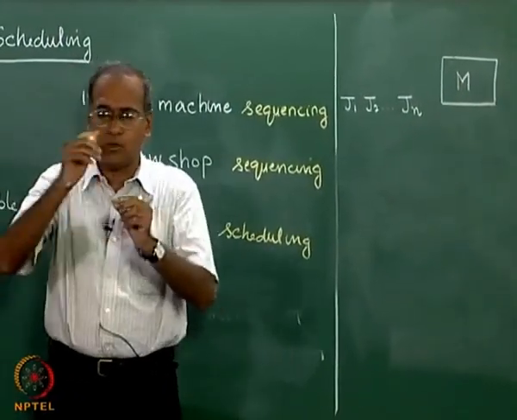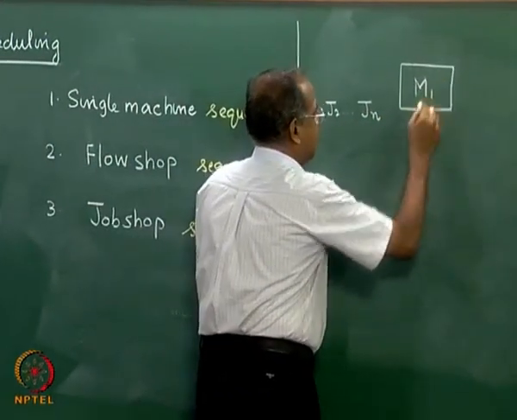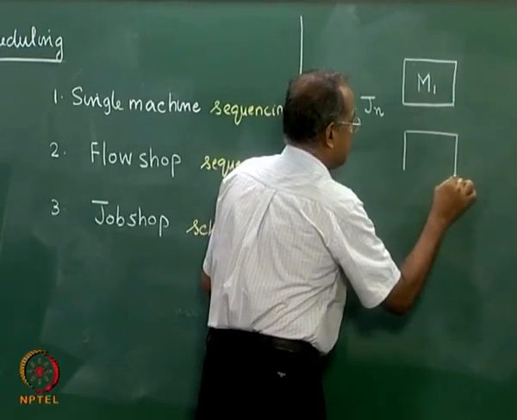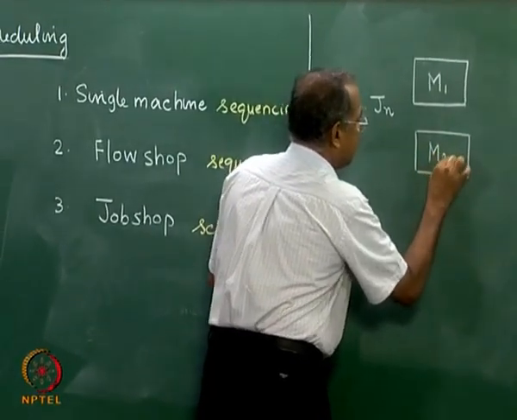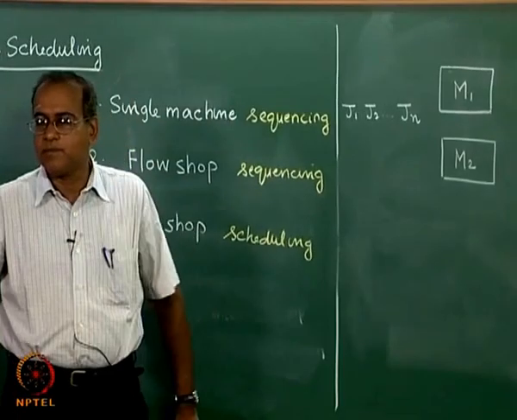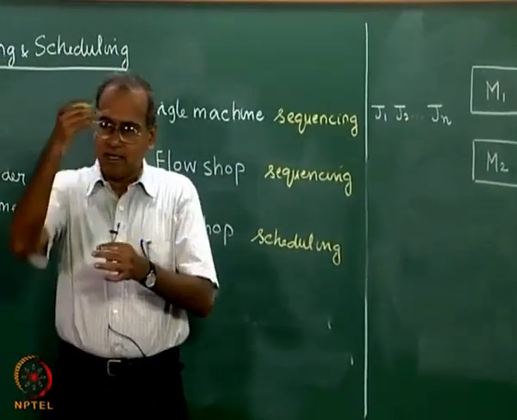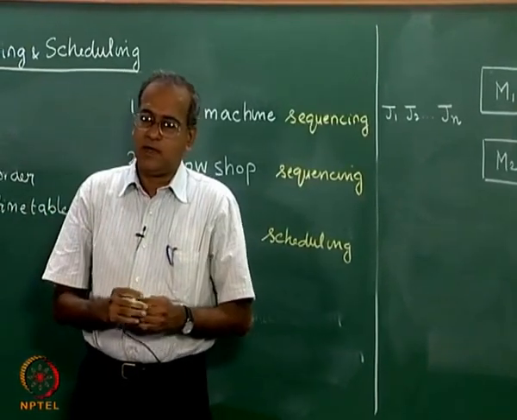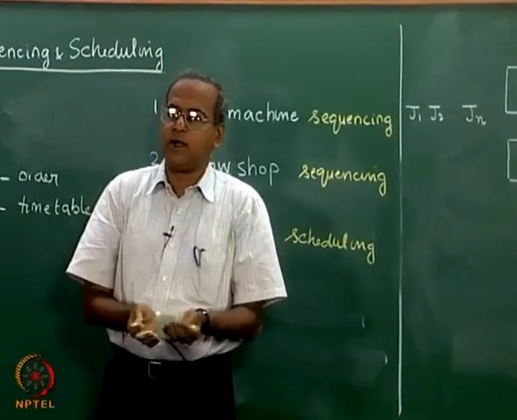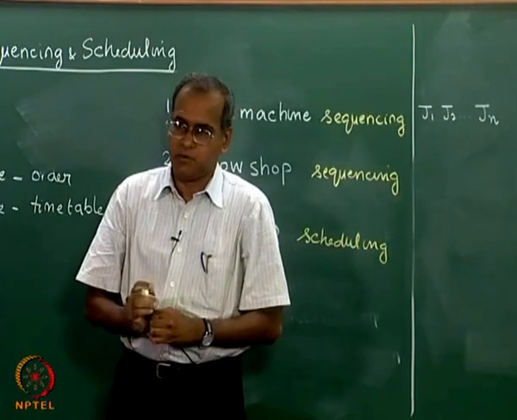Let us now look at it in the parallel machine case. So same machine, I could have M1 as well as M2, but then each of these jobs can go to either M1 or M2, and they can complete all that is required in either M1 or in M2.